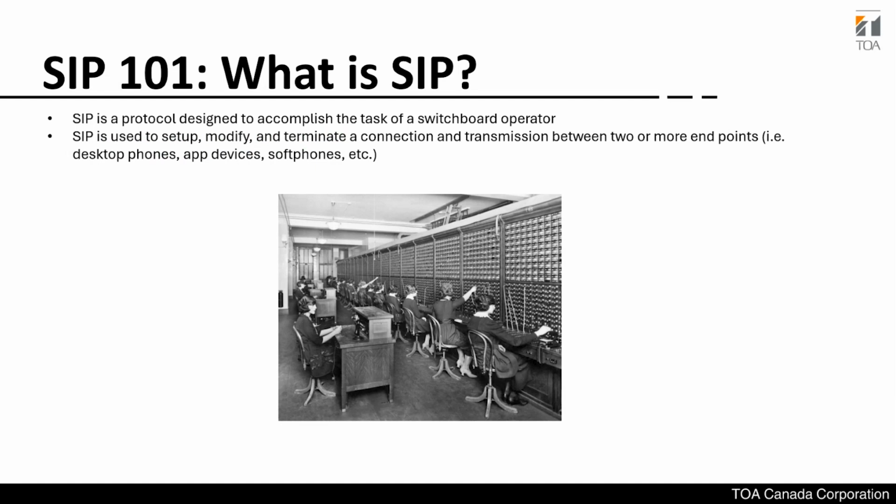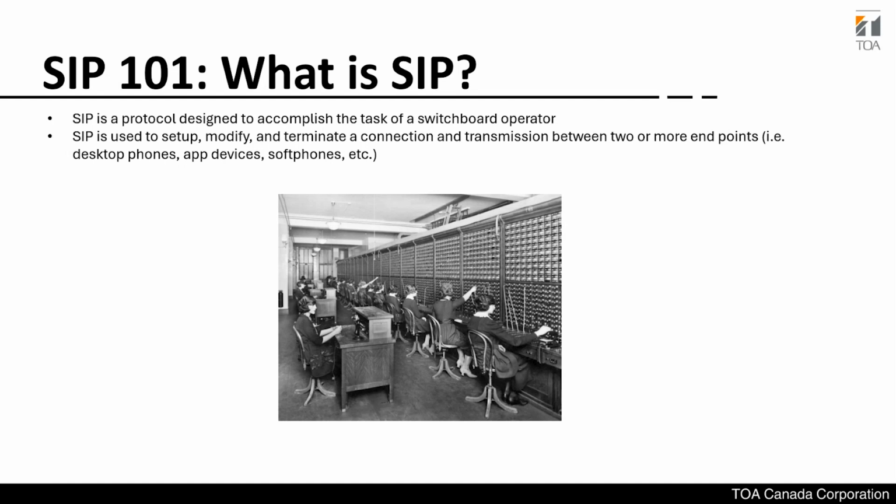SIP is a protocol designed to accomplish the task of a switchboard operator. Once you dial the number on your phone, in older days, a switch operator would receive your signal and switch to the destination you wanted to talk to. Now this is done automatically by the SIP protocol. SIP is used to set up, modify, and mediate connection and transmission between two or more endpoints, such as desk phones, app devices, and soft phones.